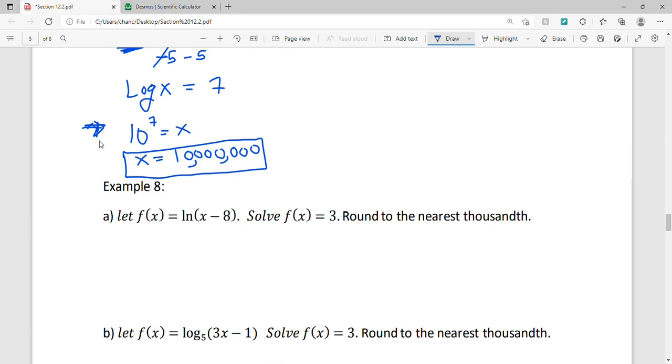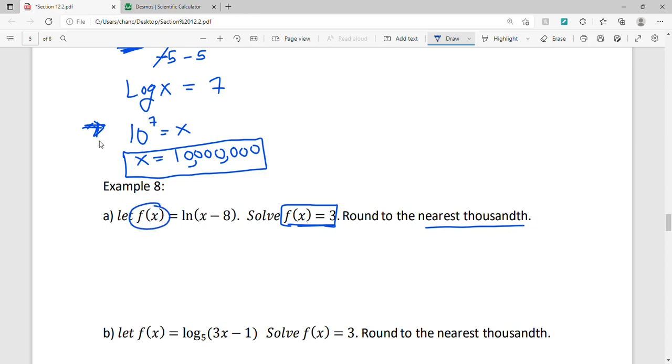In example 8, let f of x be equal to the natural log of x minus 8. I want to solve f of x equals 3 and then round to the nearest thousandth. A lot of students make the mistake of substituting in a 3 for x. This is not what the question is asking. I actually want to replace f of x with 3.